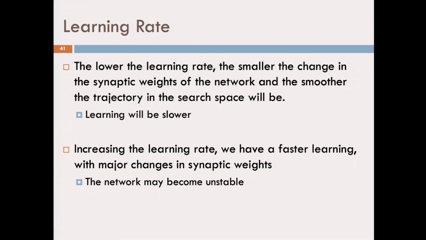You walk faster if your learning rate is high, and slowly if your learning rate is small. If your learning rate is very, very small, you may never get to a global minimum. If your learning rate is too high, you can jump over the global minimum. So we have to try to find a good learning rate. The network may become unstable if the learning rate is very high.